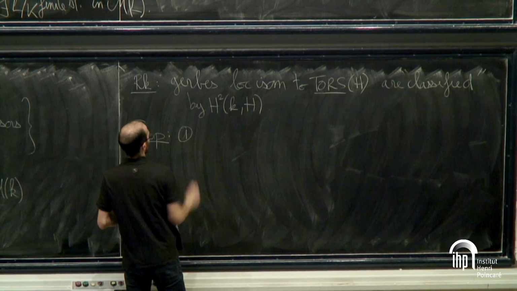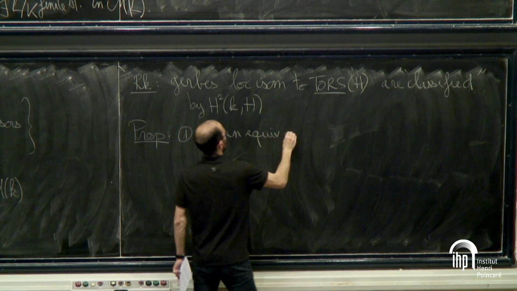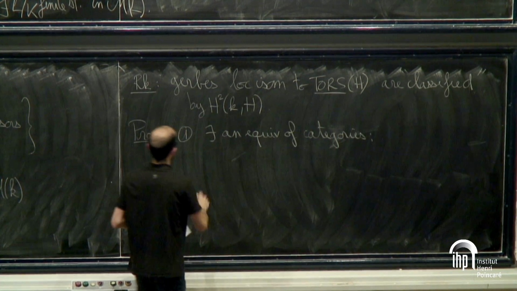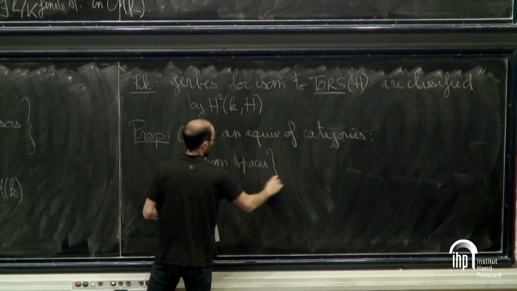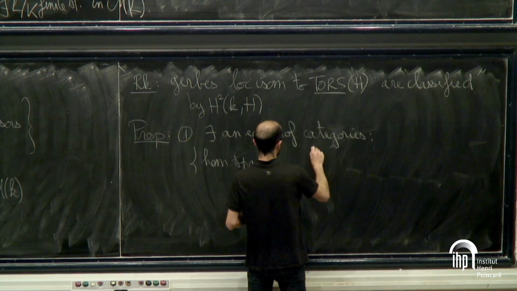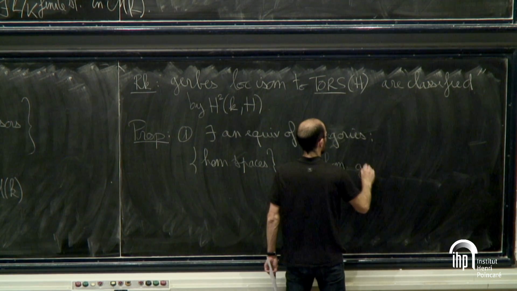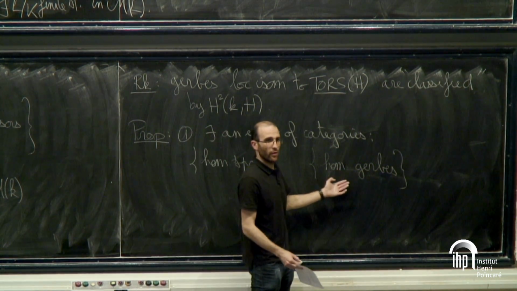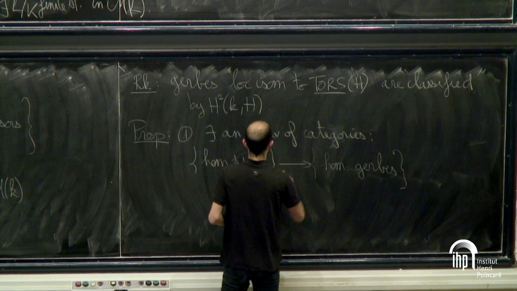So first, 1 becomes an equivalence of categories between the category of, say, homogeneous spaces, where I do not require the existence of a rational point, and some category of what we can call homogeneous gerbs, and it replaces the embeddings of algebraic groups.